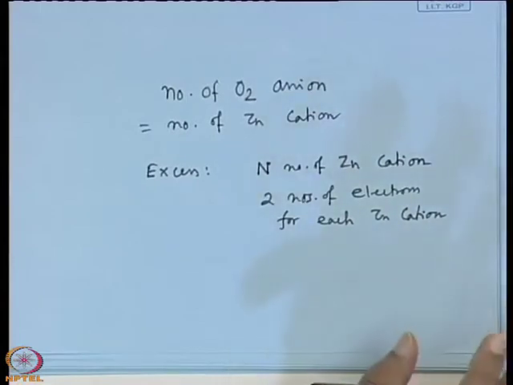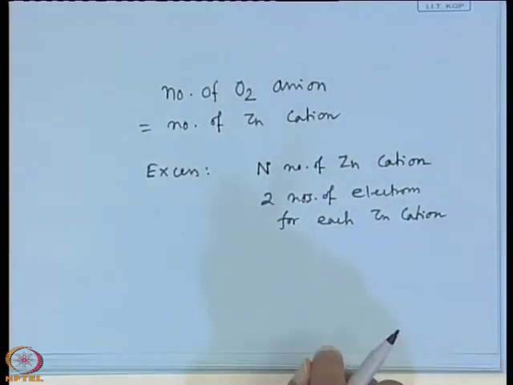That is why it is electrically neutral. Number of oxygen and number of zinc is the same, and excess zinc is there. For each excess zinc cation, there are 2 electrons. So, that is why it is electrically neutral in nature.